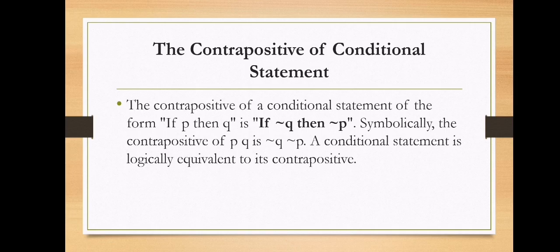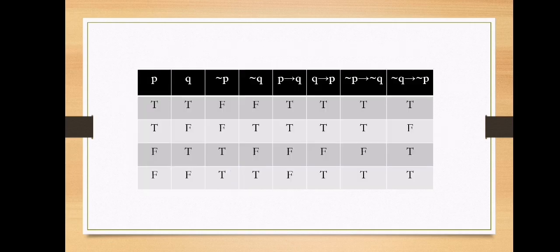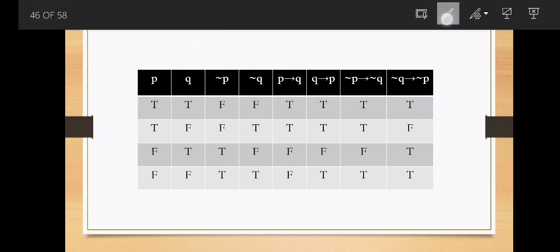So, dito, i-negate natin at chine-change din or sinaswap ang role of hypothesis and conclusion. So, we have here the table. So, this one is the converse, this one is inverse, and this one is contrapositive.